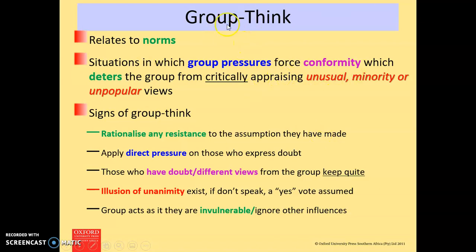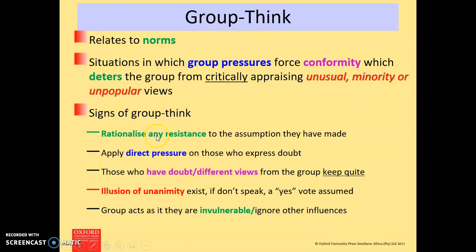So that's why it's called groupthink, because of the tendency for the groups to pressure the members to conform with the group, which can deter the group from critically evaluating unpopular views or disagreements among the members.